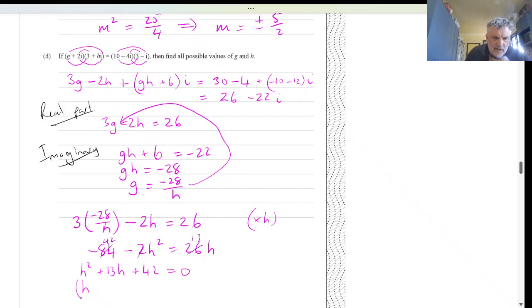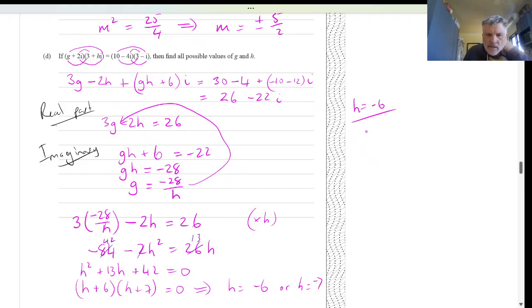That's got an easy factorization, h plus 6, h plus 7. 6 plus 7 is 13, 6 times 7 is 42. So we've got h equals negative 6, or h equals negative 7. If h equals negative 6, we get g is equal to negative 28 over negative 6, which is 14 over 3.